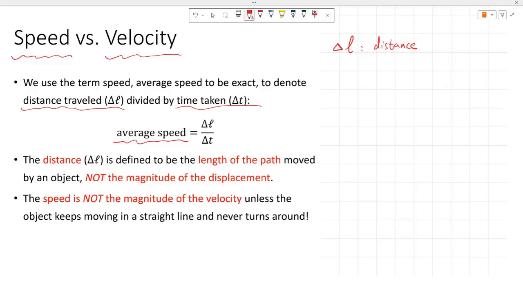You can compare that with delta X, as you remember that this is our notation for displacement. So we use distance to define average speed, and we use the displacement to define the average velocity.